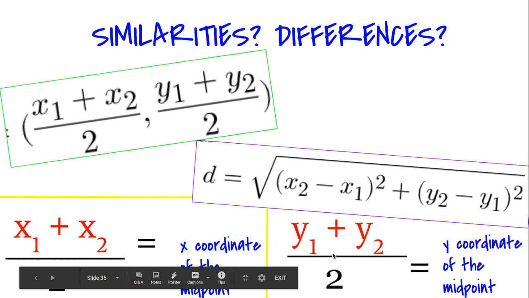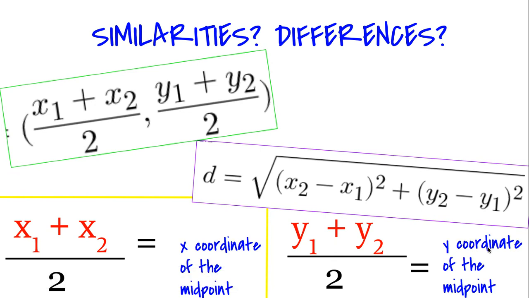That's because when we're looking for another endpoint, we're literally chopping the midpoint formula into 2 pieces. The difference is when we chop it into 2 pieces, we're separating it, making it 2 different equations. This part is equal to the x-coordinate of the midpoint, and this part is equal to the y-coordinate of the midpoint.